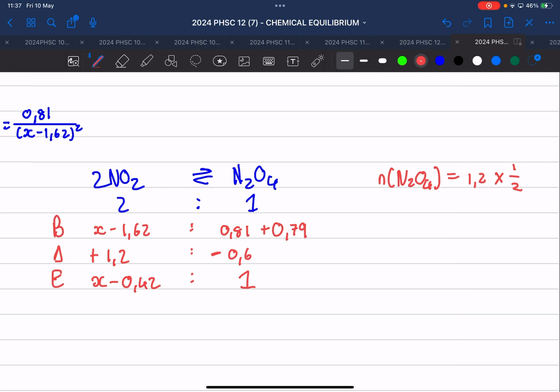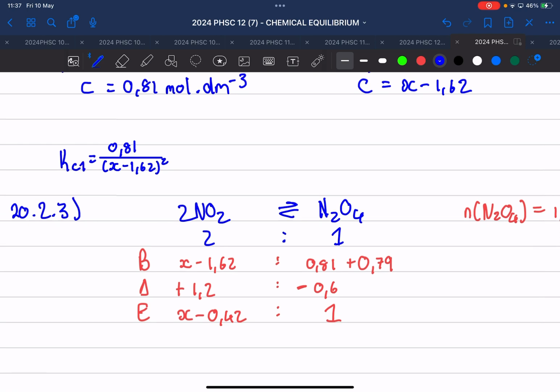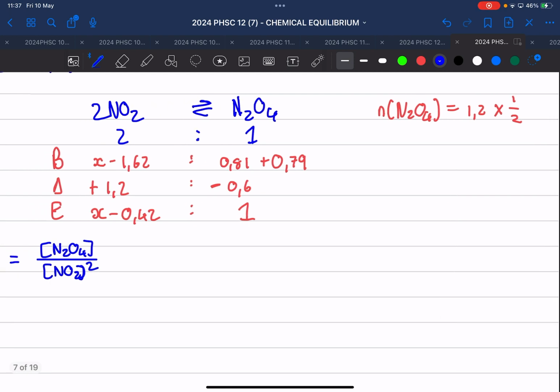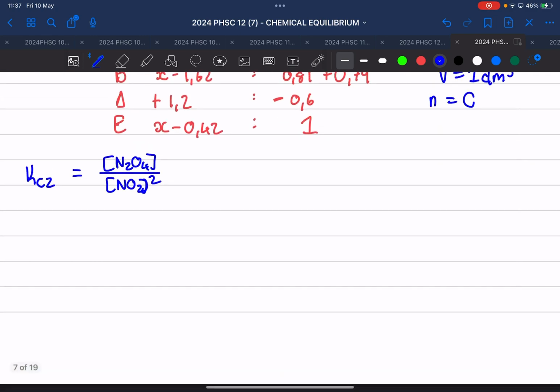So now we can determine our second Kc value. Let's name this one Kc1 and this one Kc2. So this is equal to the concentration of our N2O4 divided by the concentration of our NO2 squared. Because our volume is equal to 1 cubic decimeter, our concentration will be equal to our moles.